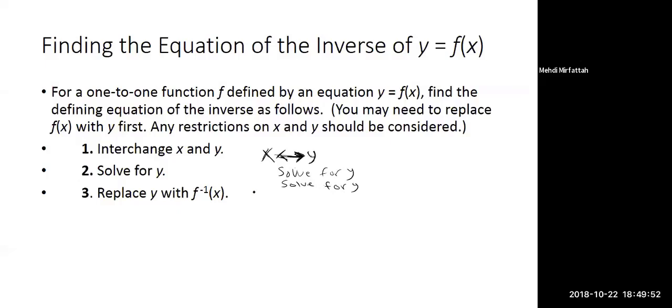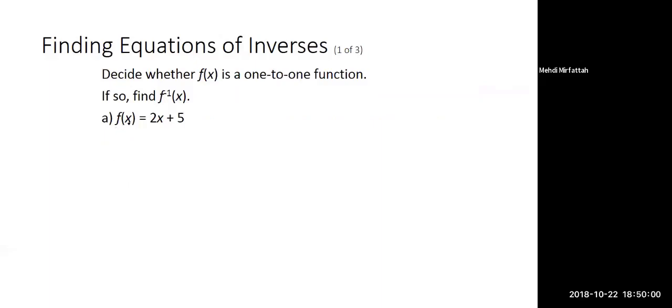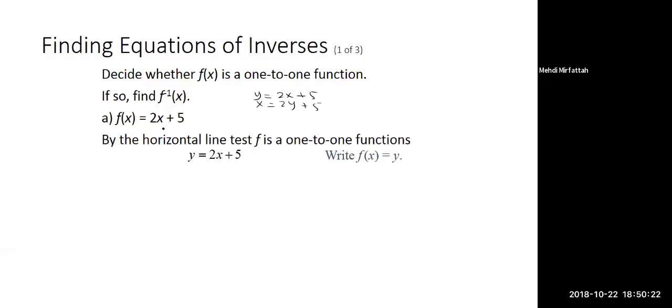So let's go ahead and take a look at an example, and we're going to use the symbol here for its inverse. Let's say we want to find the inverse of f of x equals 2x plus 5. I'm going to write this as y equals 2x plus 5, then change the positions of x and y, and then solve for y. We know we have an inverse function because this is a one-to-one function.